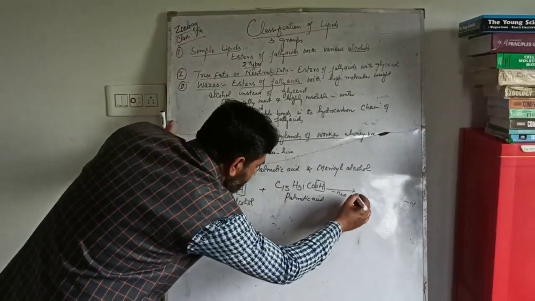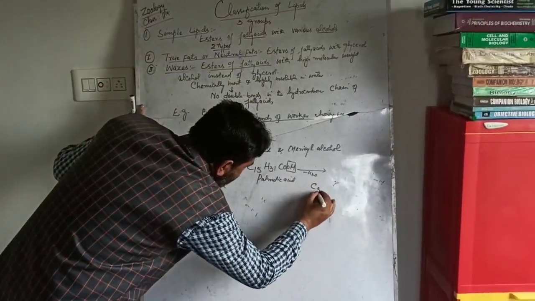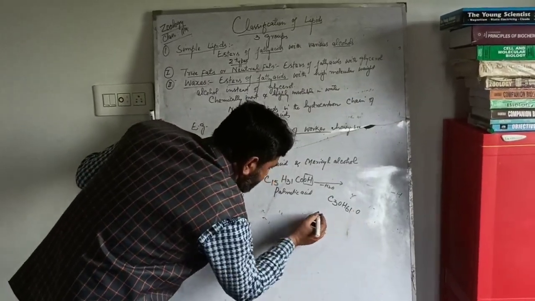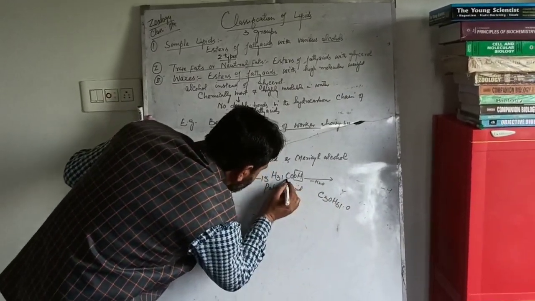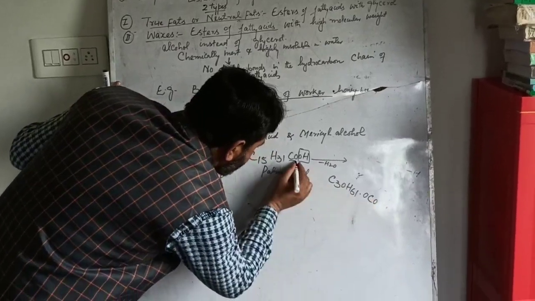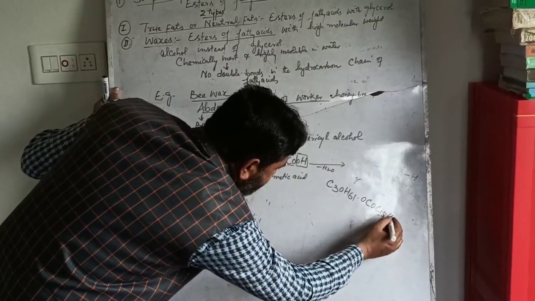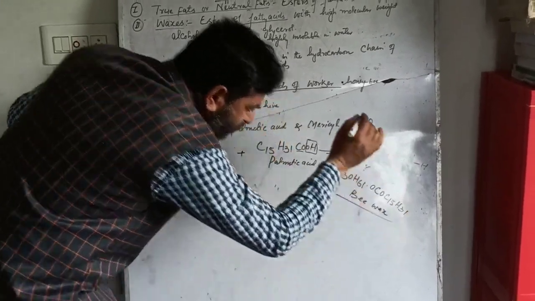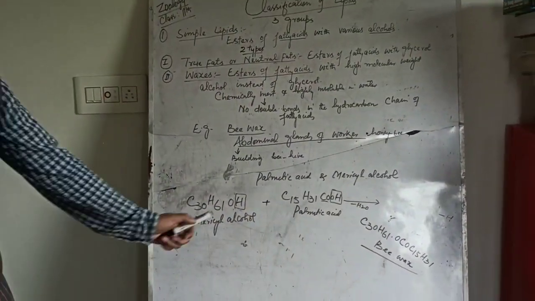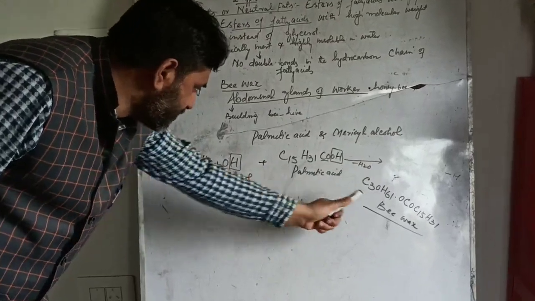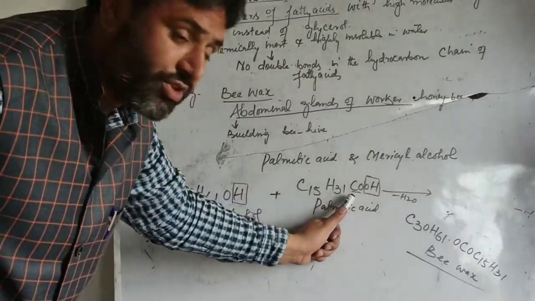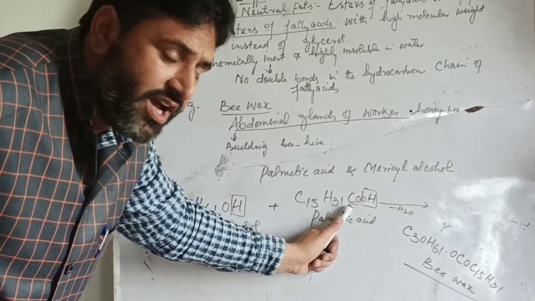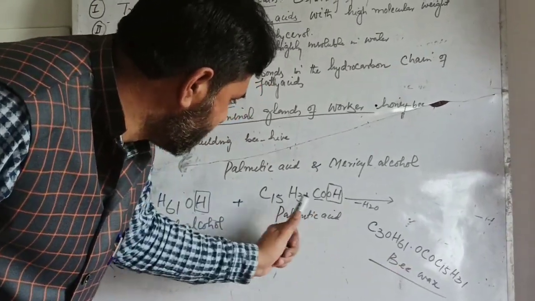Now the remaining compound is C30H61, then oxygen, then the carbon of the carbonyl group of the fatty acid, then C15H31.